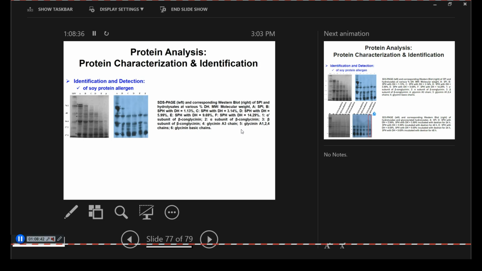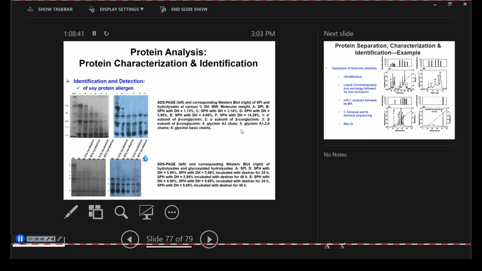We see less intense bands here. And then when we glycated under different conditions of glycation, we also saw that at a particular condition, we saw an increase in intensity. That means the protein did not bind as much with the antibody, so that means we reduced the allergenicity of the protein. Well, that's an application for Western blot.